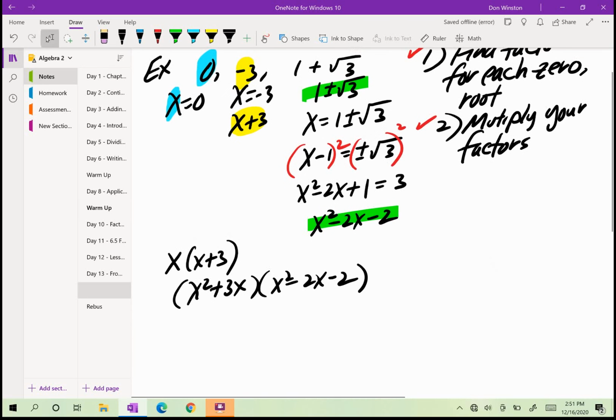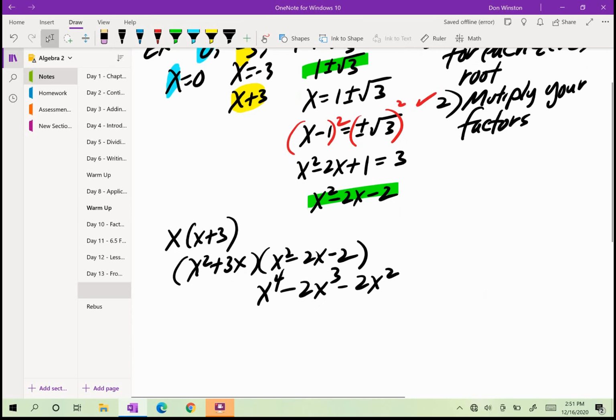And so that will give me then, when I multiply x squared times x squared is x to the fourth, x squared times negative 2x is negative 2x cubed, and then x squared times negative 2 is negative 2x squared. And then 3x times x squared, that will be 3x cubed. And then 3x times negative 2x, that would be negative 6x squared. And then 3x times a negative 2, that would be minus 6x.